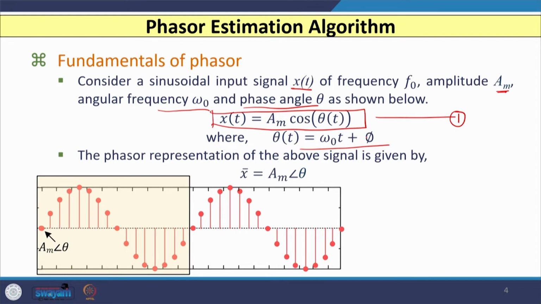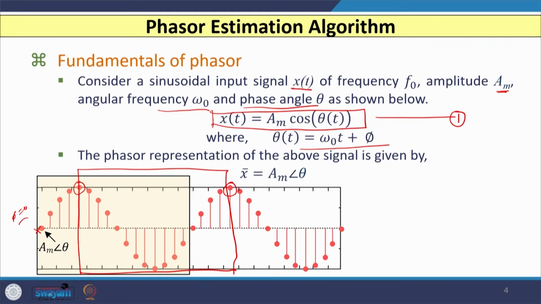Now, for this angle phi, if we consider this signal and start acquiring samples from here and take one window, then phi in this case is 0. However, if I start acquiring the samples at this point and go up to here, let us say this is the window, then in this case phi will be pi by 2, and so on.